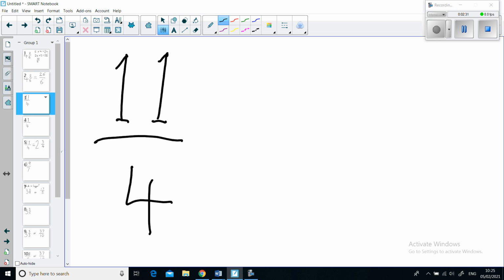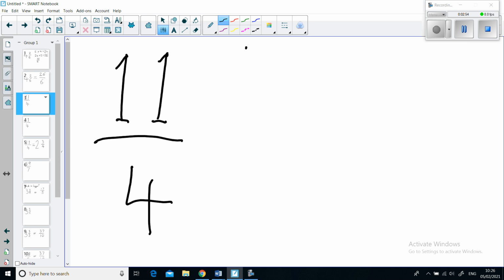Now we're going to move on to converting improper fractions to mixed numbers, because I think a few of you are struggling more with this than the other method. Okay, so if you look at this number, what number do you see? Okay, so we've got 11 over 4, or we could say 11 quarters. We have literally got 11 quarters. So what I'm going to do is write out my 11 quarters.